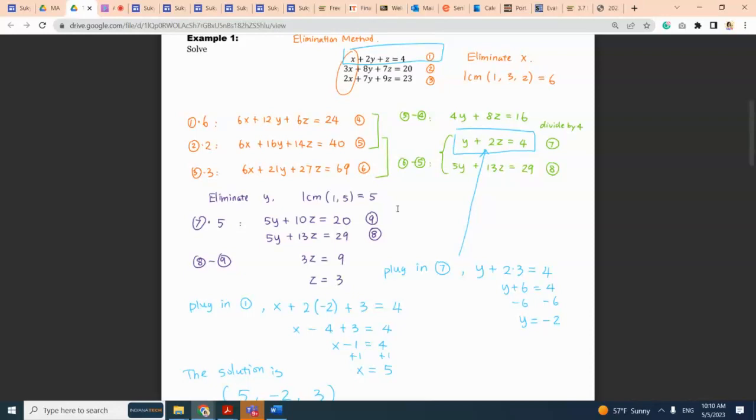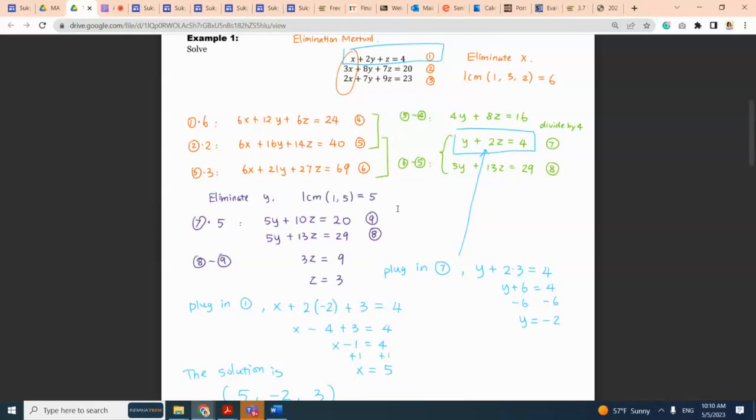And here, equations 5 and 6 eliminate the x. We get 5y plus 13z equals 29. You see, now we have a system of 2 equations and 2 unknowns. Then we also use the elimination method. Compare the coefficients. Looks like the variable y has simpler coefficients, right, everybody?